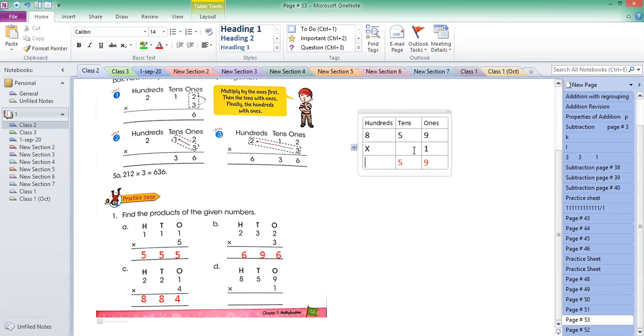Why? Because 1 gives the same answer. Yes, because 8 multiplied by 1 is 8. Very good. So the answer is 859. When you multiply 859 by 1, you will get the same answer, 859.